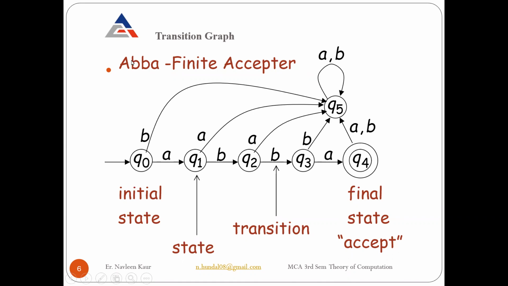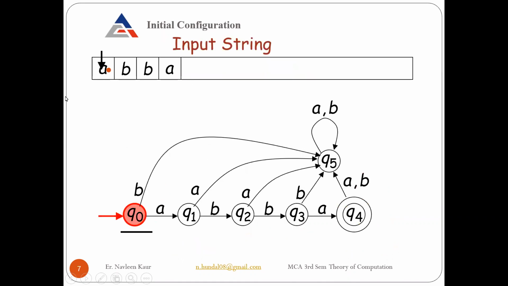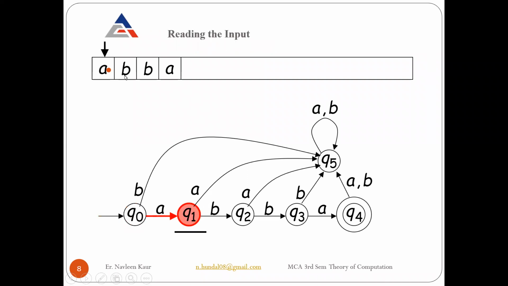For instance, this is the string. You are at the starting state Q naught, and when you give a, the first input, the next state it reaches is Q1. Next, b is processed. When you provide b to Q1, it reaches Q2.